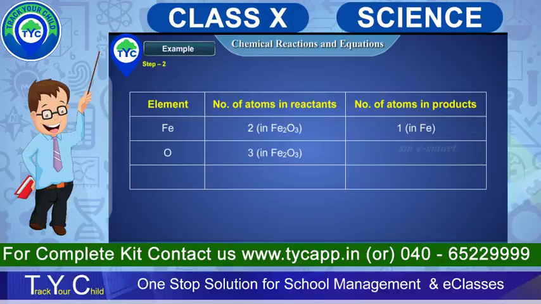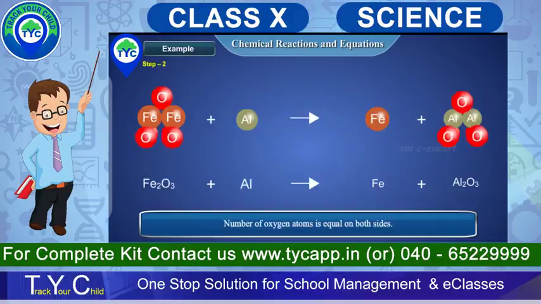O: 3 atoms in Fe2O3, 3 atoms in Al2O3. Al: 1 atom in Al, 2 atoms in Al2O3. The number of oxygen atoms is equal on both sides.